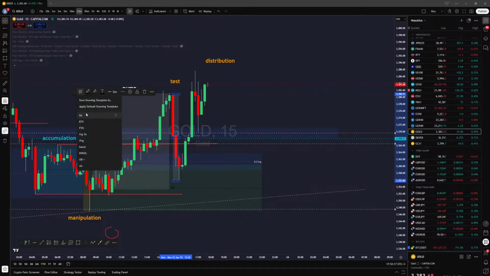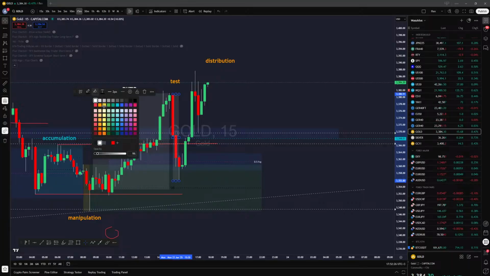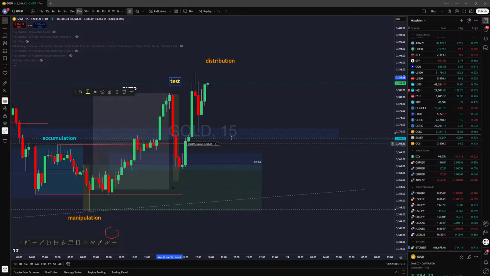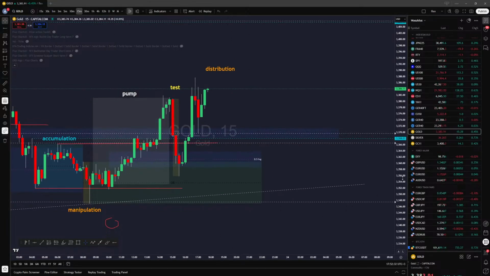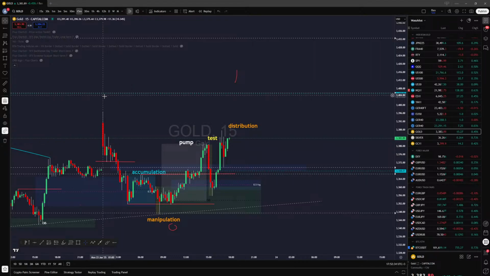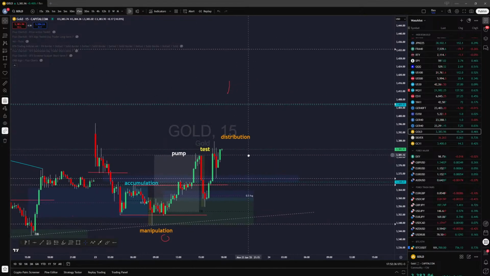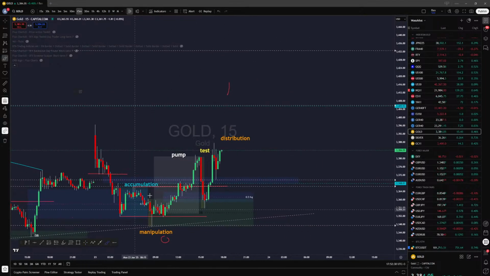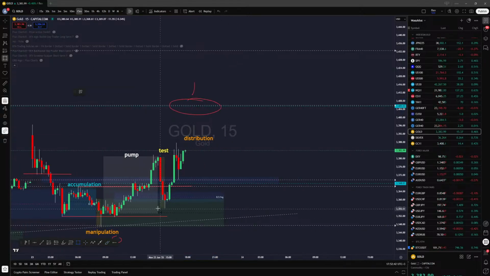It's usually extremely fast, and we're testing some areas that have been left behind. Let it be yellow. And after it, the distribution phase, which is usually double of what has been accumulated here. So in my opinion, we will get this area pretty soon. This is going to be the distribution area.